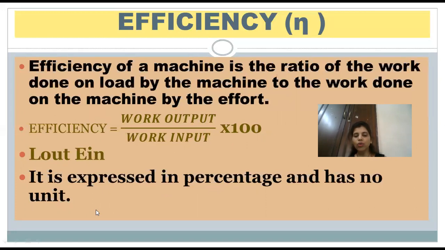So you have to mention over here, I want to ask you a question here. Suppose I ask you a question, which you have to write in your textbook also, where efficiency is mentioned. Can efficiency of machine be 100%?